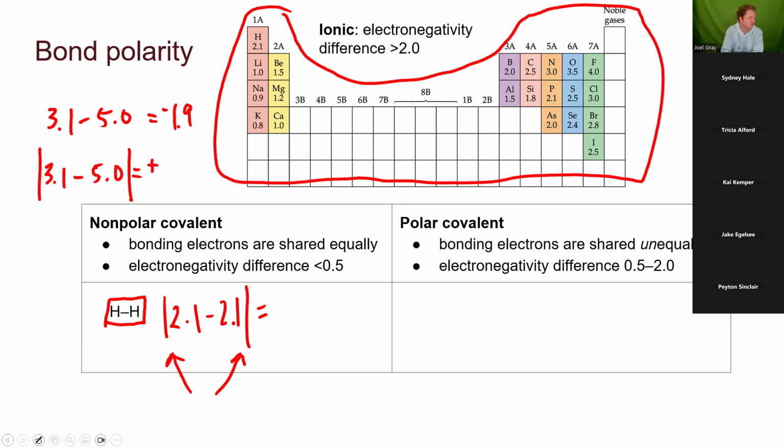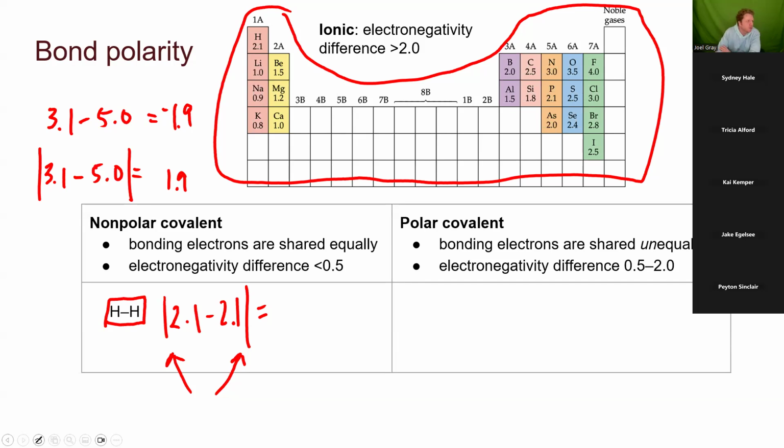It's going to be positive 1.9. Or heck, you could just write 1.9. Can I get a yes or an emoji in the chat that, yes, I follow what absolute value is? Okay, great.